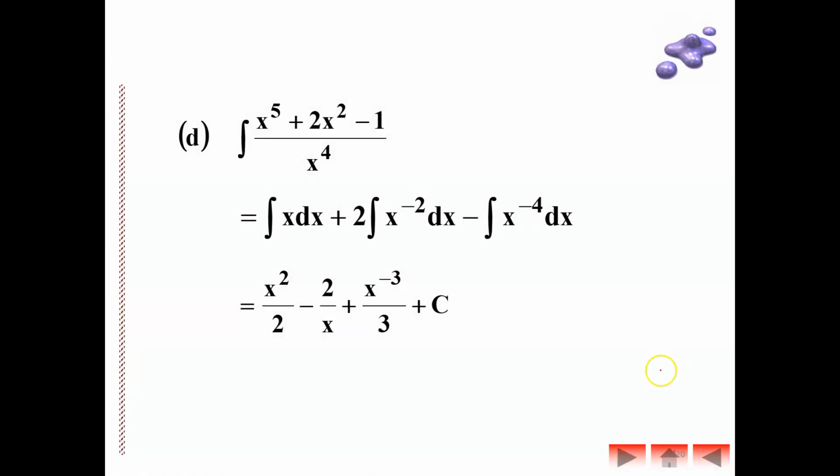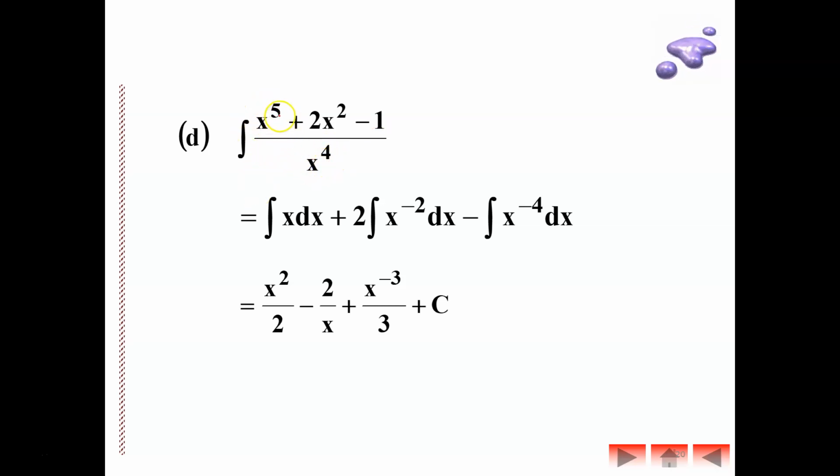Okay, next question D. Integrate x to the power of 5 plus 2x squared minus 1, divided by x to the power of 4. So now you have division for this function. So to make it easy, you better divide each term by x to the power of 4. Let's say you have x to the power of 5.